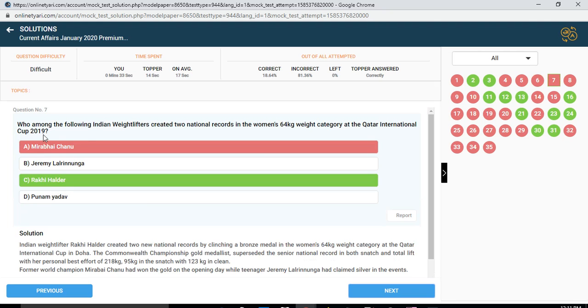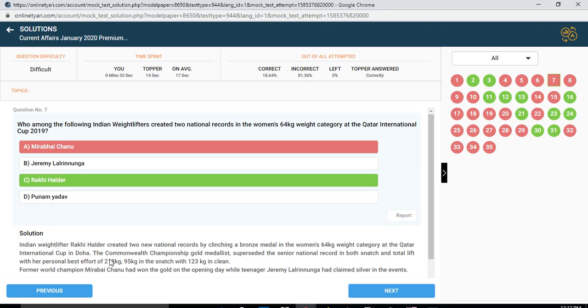Who among the following Indian weightlifters set the national records in the women's 64 kg weight category in the Qatar tournament? Rakhi Halder. Indian weightlifter Rakhi Halder set two national records by clinching the bronze medal in the women's 64 kg weight category in the Qatar National Cup in Doha.